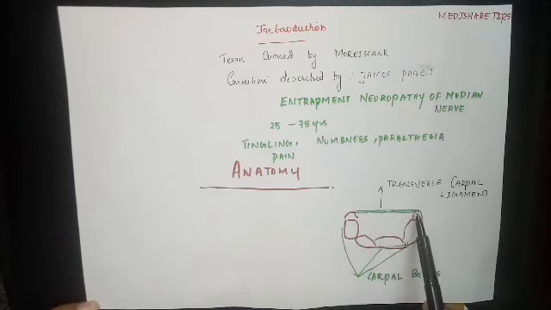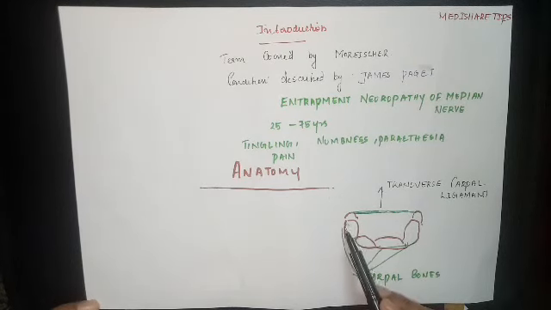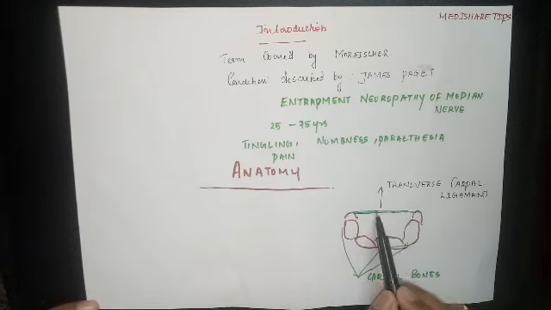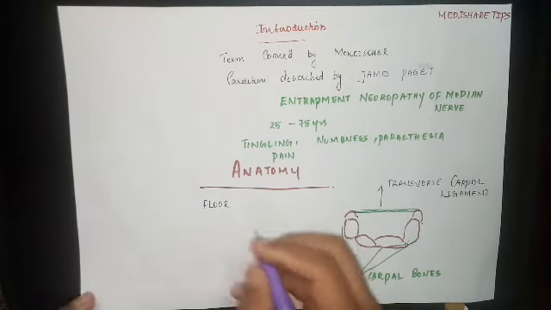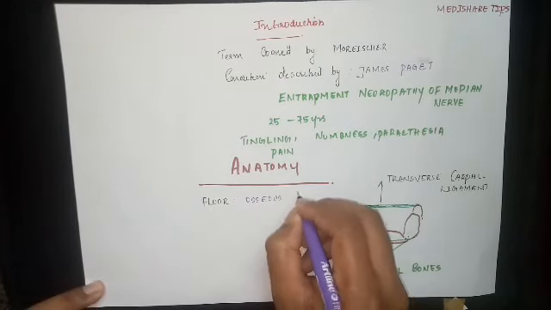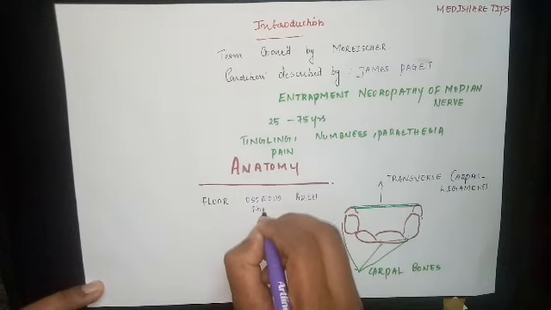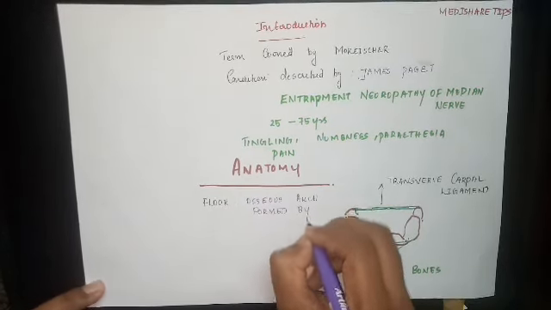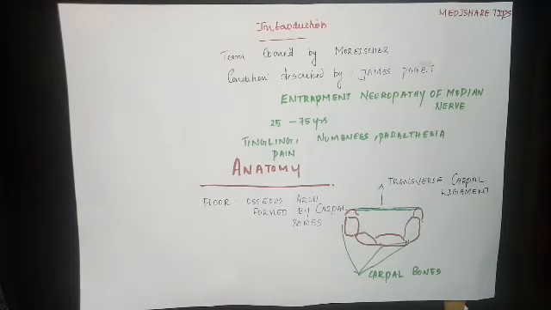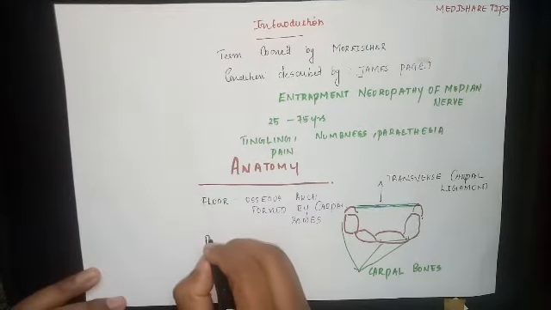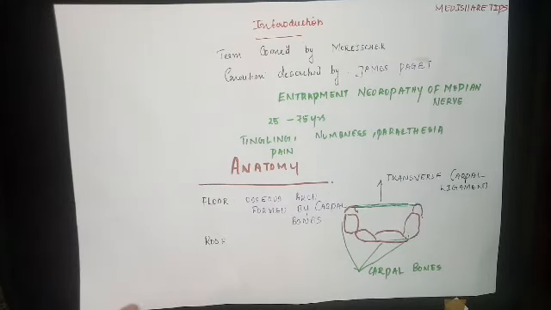And the other side is formed by the transverse carpal ligament. So the floor of the carpal tunnel is formed by the osseous arch formed by the carpal bones, and the roof of the carpal tunnel is formed by the transverse carpal ligament.